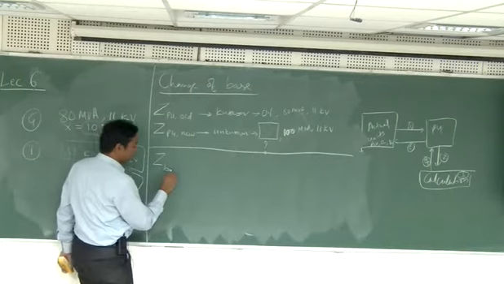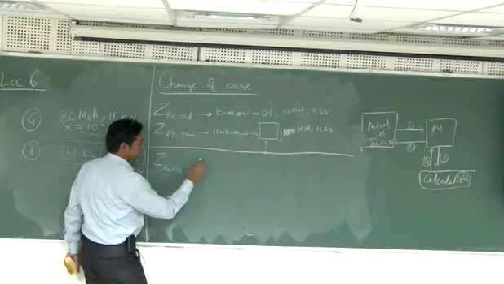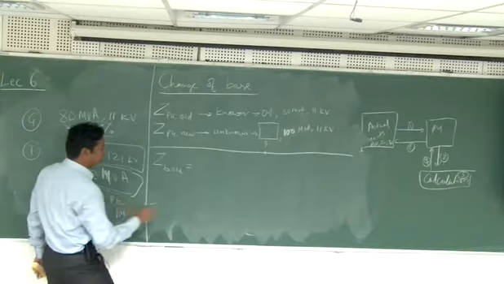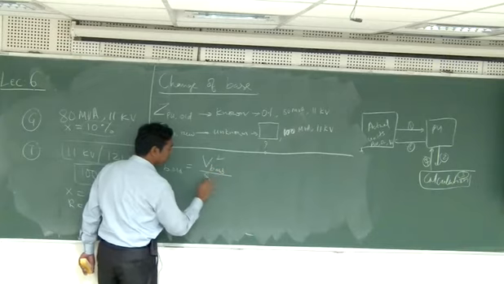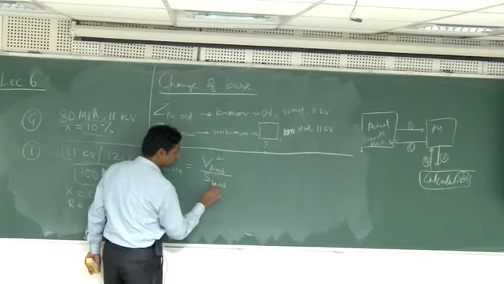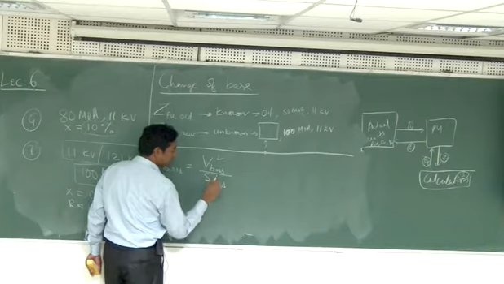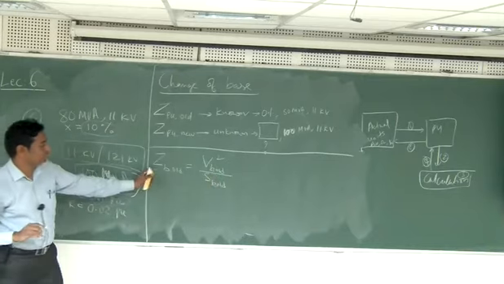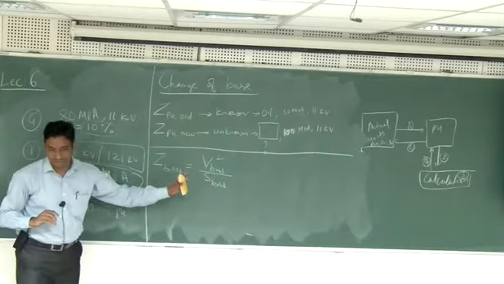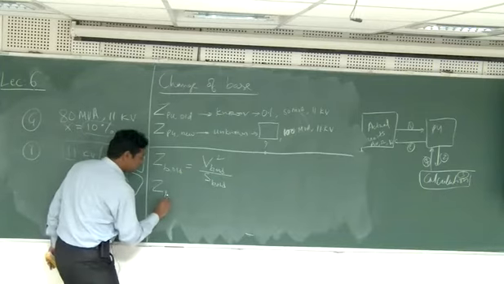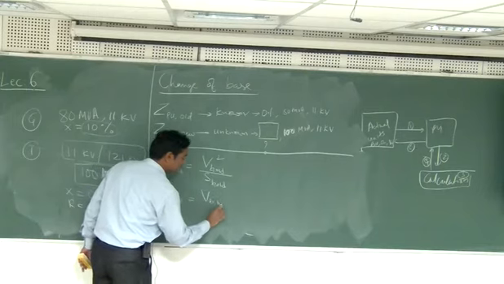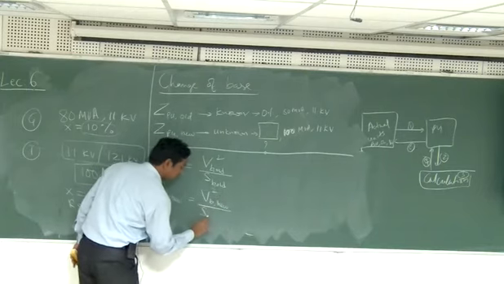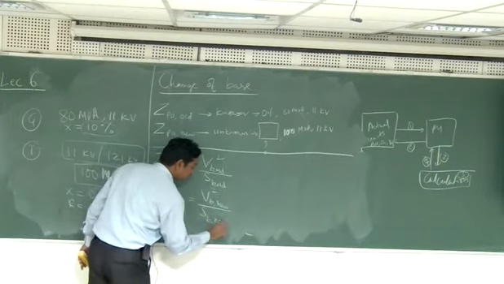Z base old is what we were doing sometime back: V base old square divided by S base old. So this is the Z base in the old basis. And then this is new: V base new square by S base new.